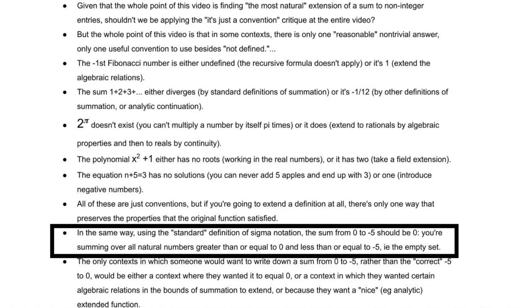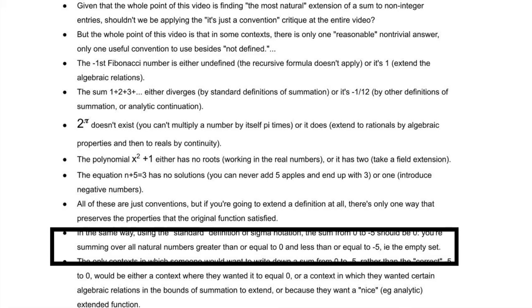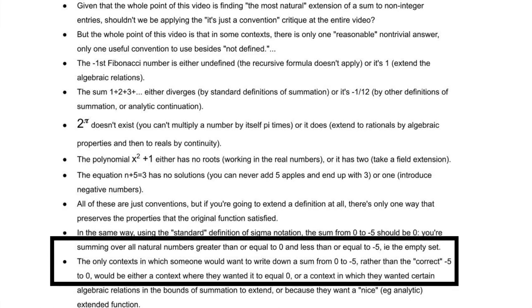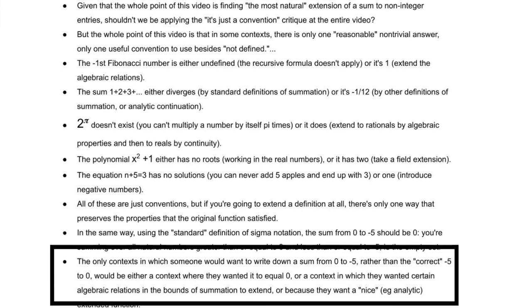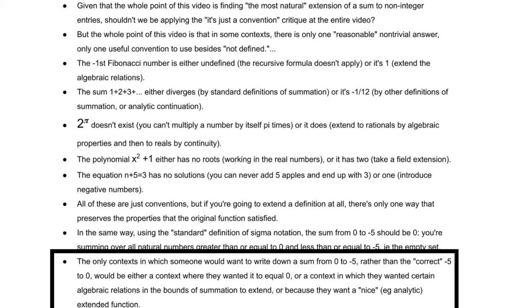Yet there are other conventions. None of them dominate over the others in such a way as to be standard, and as pointed out, there is no mathematical consensus. The only contexts in which someone would want to write down a sum from 0 to -5, rather than the correct -5 to 0, would be either a context where they wanted it to equal 0, or a context in which they wanted certain algebraic relations in the bounds of summation to extend, or because they want a nice, e.g. analytic, extended function.